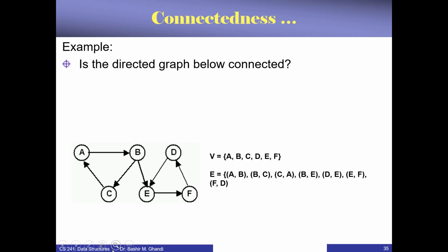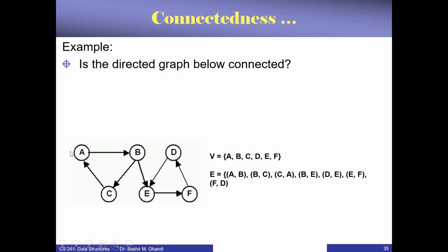So next question is, is it weakly connected? Obviously, yes. If you just close your eyes and think these edges are just simple lines, there is no arrow, then obviously from E you can't go back to B if you ignore the arrow.